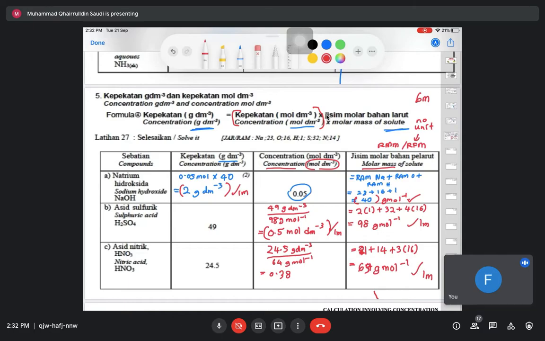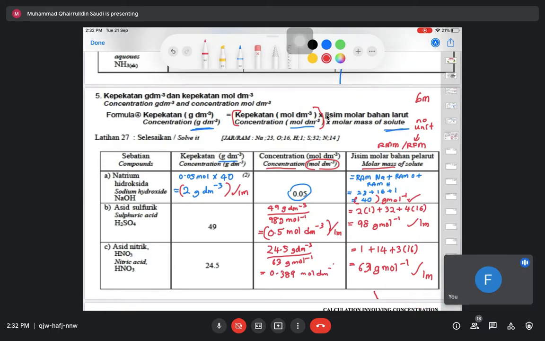So it will be 63, right? Erase. 63. No wonder my question was wrong. Okay, 1, 3 times 16 plus 14 plus 1, 63. So 24.5 divided by 63, 0.389 mole per dm cube.